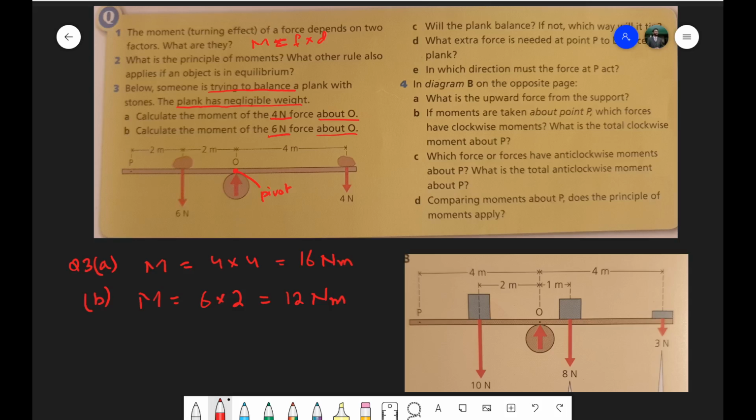Now remember that this 4 Newton force is going to apply a clockwise moment, and this 6 Newton force is going to apply an anti-clockwise moment.